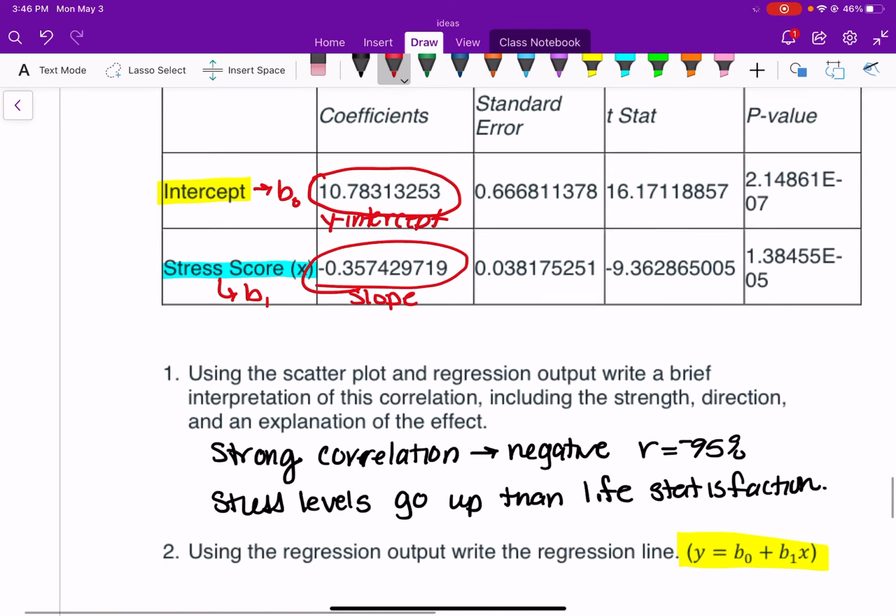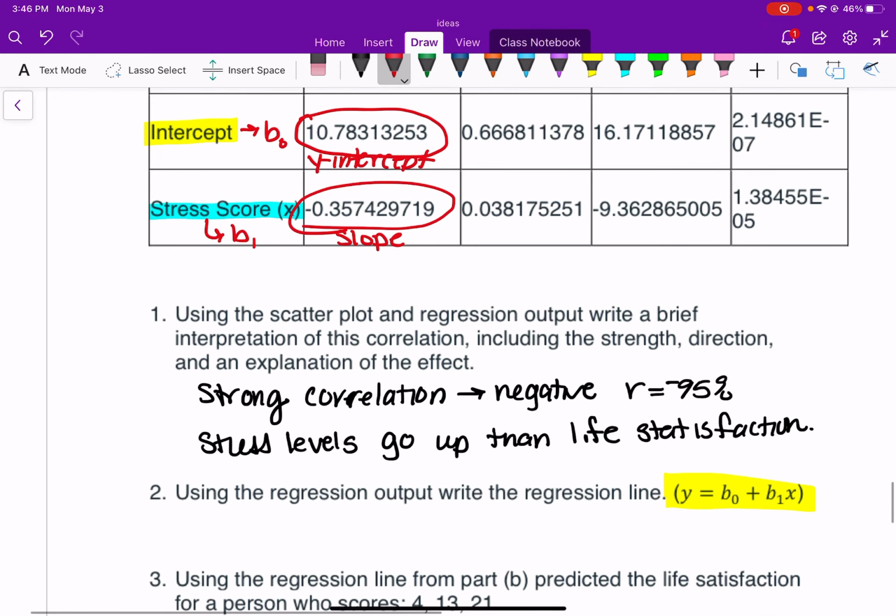Okay, so when we write our equation, it's going to be y equals 10.78. And if you use the whole number, that's perfectly fine. I just kind of rounded it to 2 decimal places. And now notice that my formula says plus, but right here in front of my slope, it's negative.